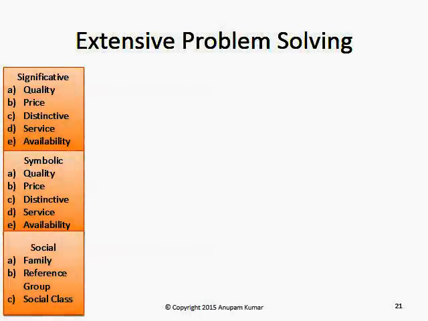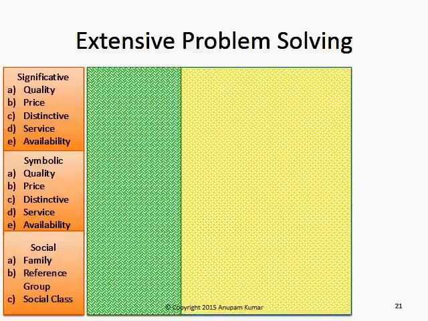Now, let us try and understand the model operating at the three stages of purchase, starting from extensive problem solving. In the case of extensive problem solving, an individual is exposed to the significative cues as propagated by the selling organization, and his interactions within his social group lead to the symbolic inputs as attained by him. These inputs start a series of thought processes within the consumer's brain, which has been explained in the hypothetical construct of the model.